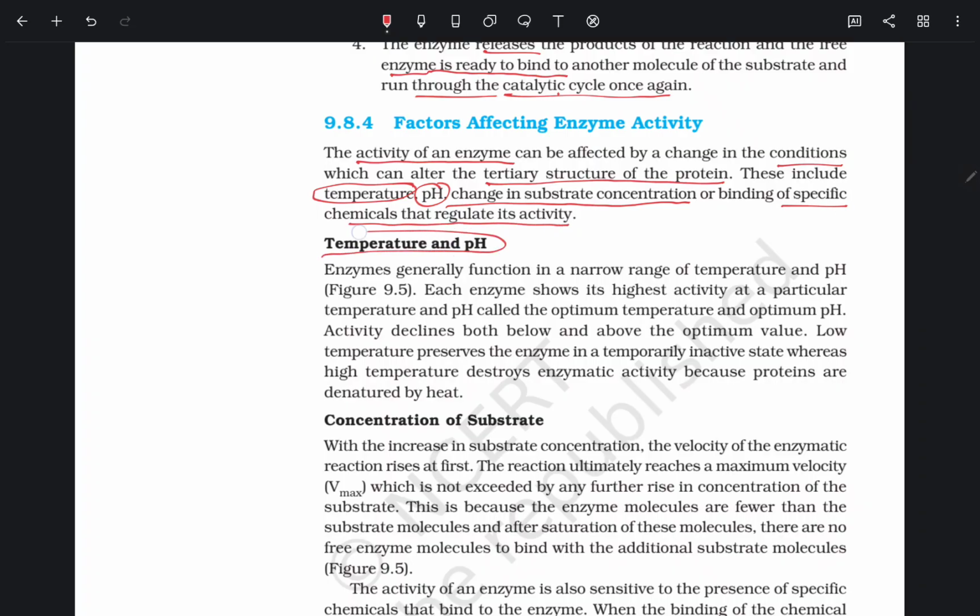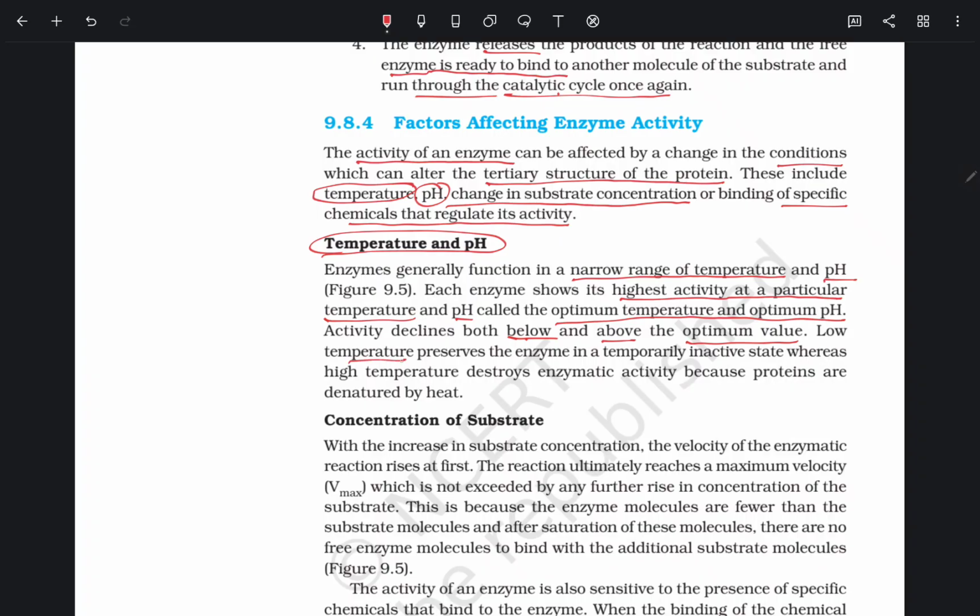Temperature and pH. Enzymes generally function in a narrow range of temperature and pH. Each enzyme shows its highest activity at a particular temperature and pH called the optimum temperature and optimum pH. Activity declines both below and above the optimal value.